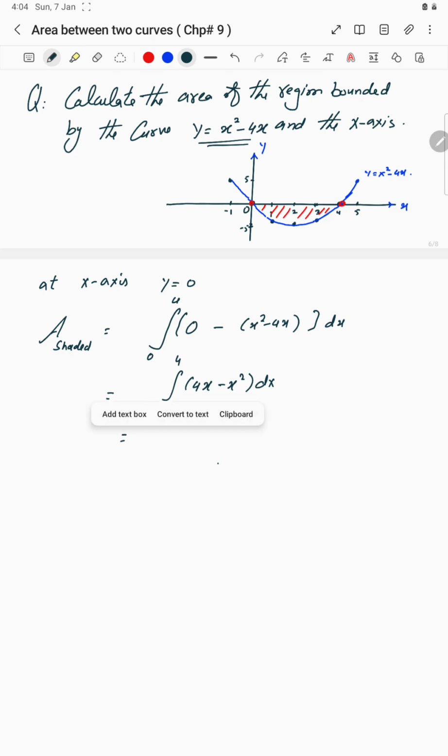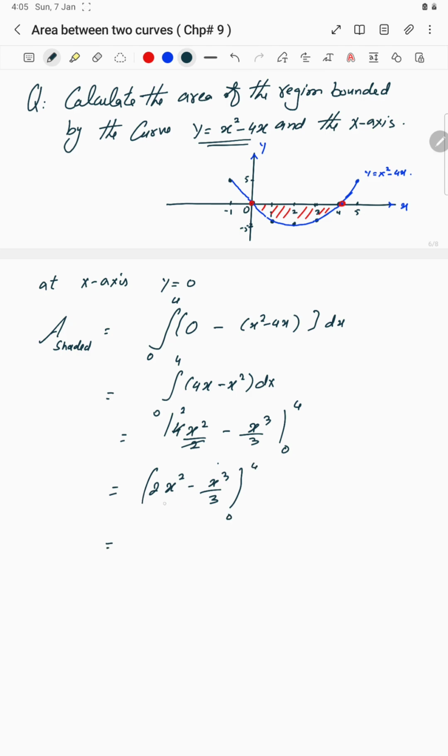It becomes 4x square by 2 minus x cube by 3, with limits 0 till 4, or we can say it's 2x square minus x cube by 3, 0 till 4. Upper limit 2 times 16 is 32, minus 64 by 3 minus 0.